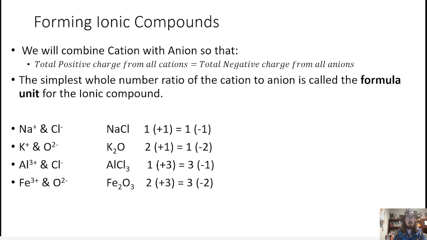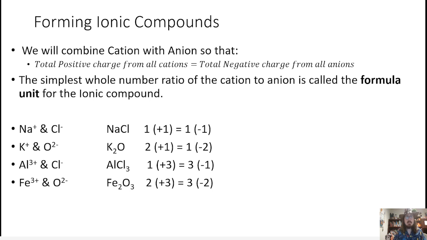Aluminum is typically 3+. Chlorine is typically 1-. So I need 3 chlorines for every 1 aluminum to cancel them out. And the other very common situation is, well, iron is often 3+. Oxygen is 2-. How do we balance those out?